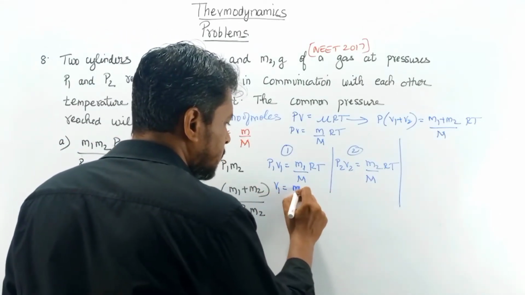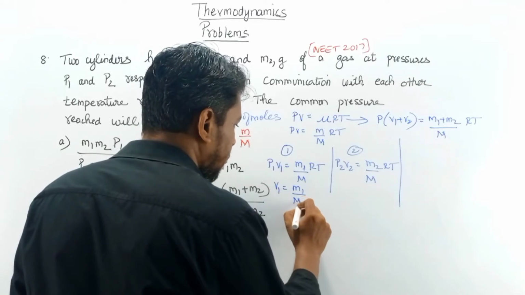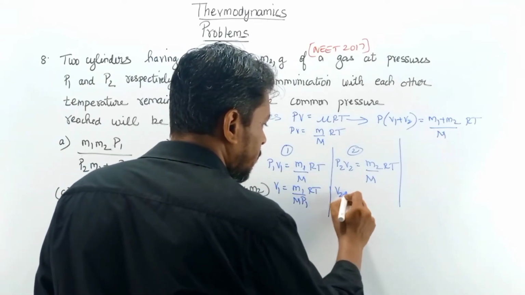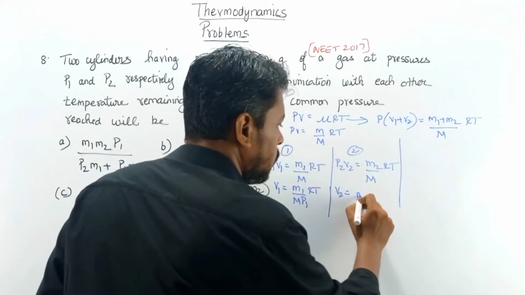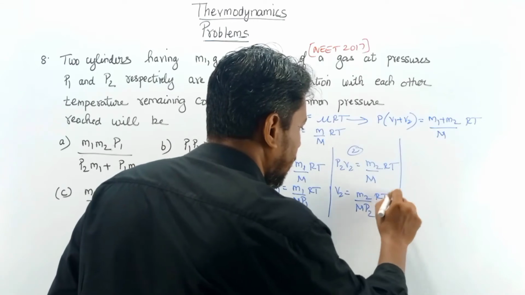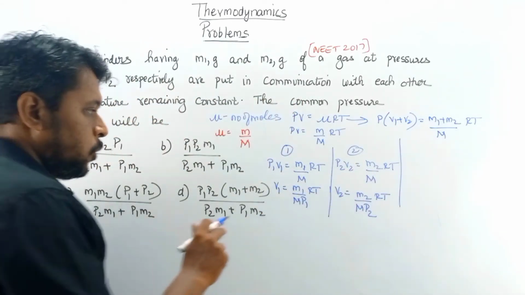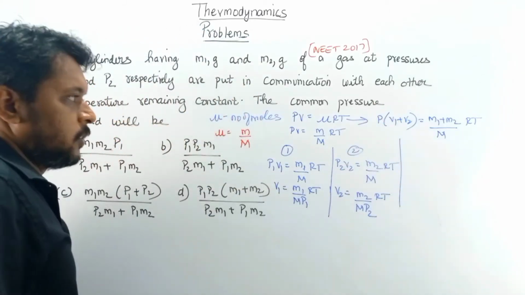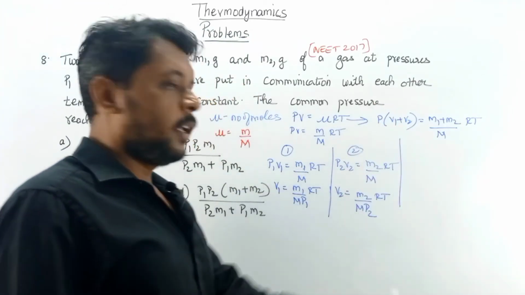V1 could be written as m1 by M into RT by P1. Similarly, V2 equals m2 by M into RT by P2. Now substitute the values of V1 and V2 in this equation.